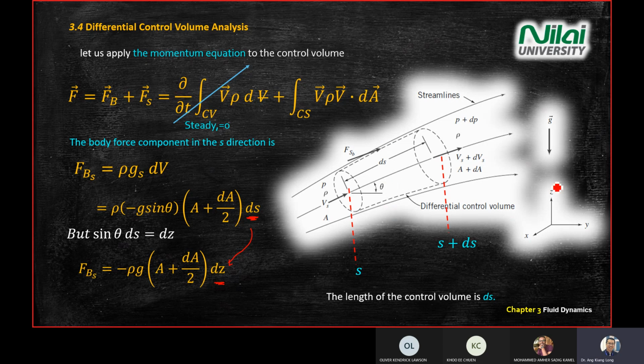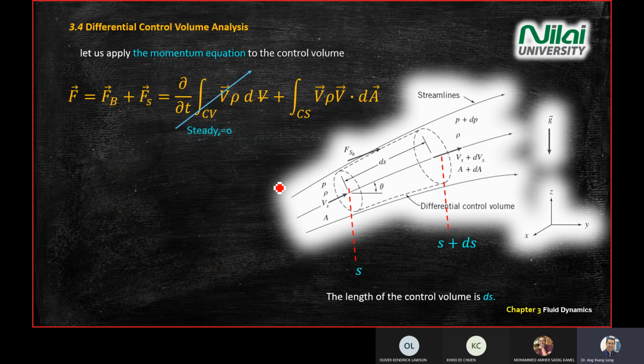The vertical direction you can monitor, by the way you orientate your pipe or your tube. So your dz you can orientate, but you cannot properly monitor what's happening to your ds component. So there's a reason why you convert your ds term into dz.